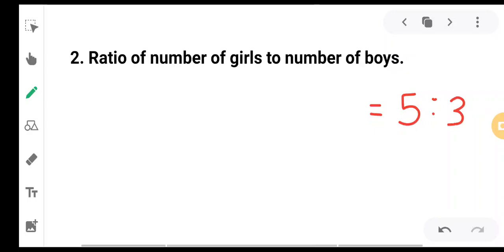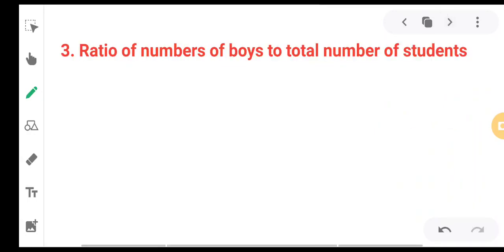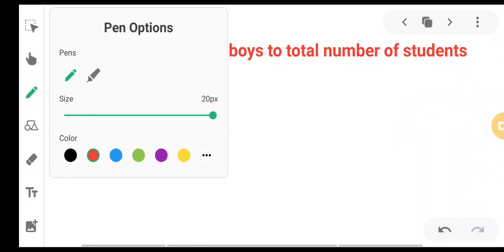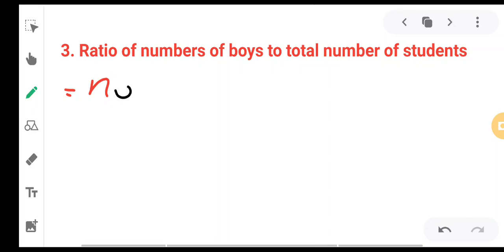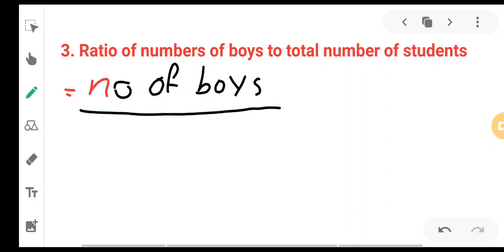Now the third one is the ratio of the number of boys to the total number of students. Students, first we write the number of boys to the total number of students.